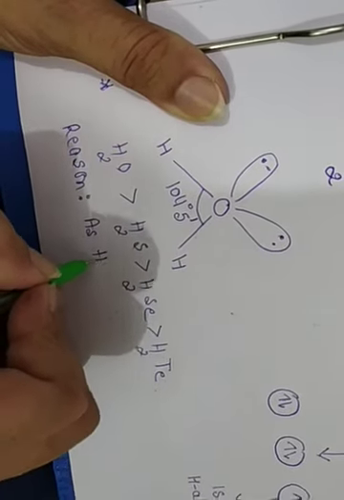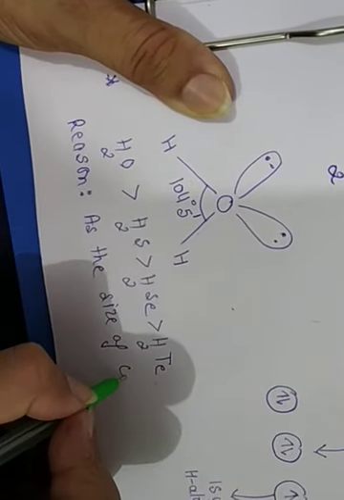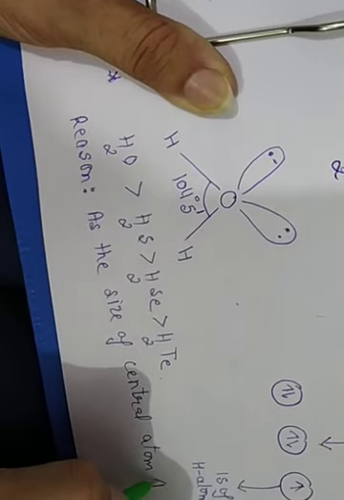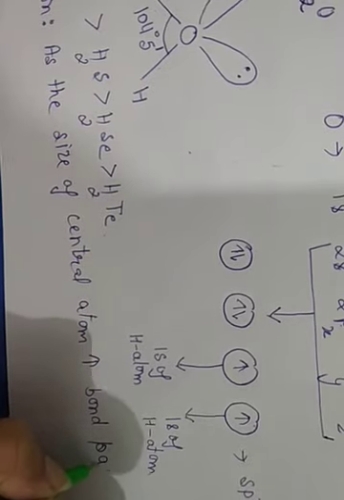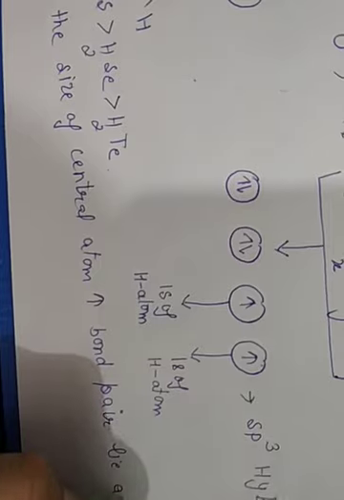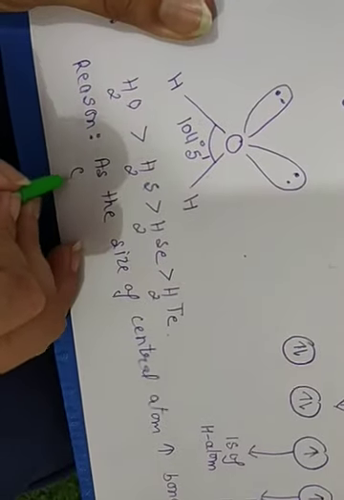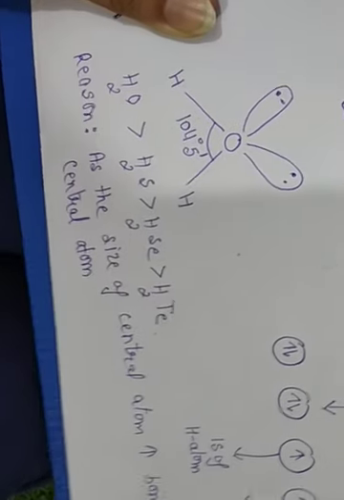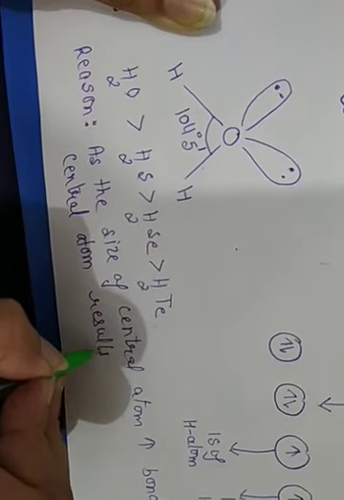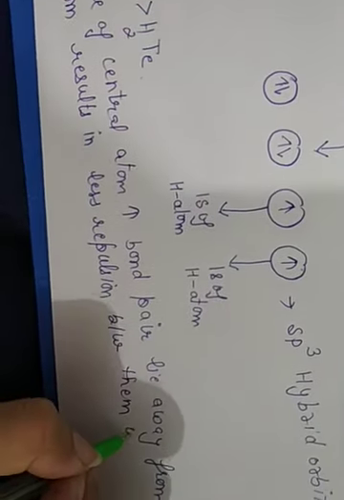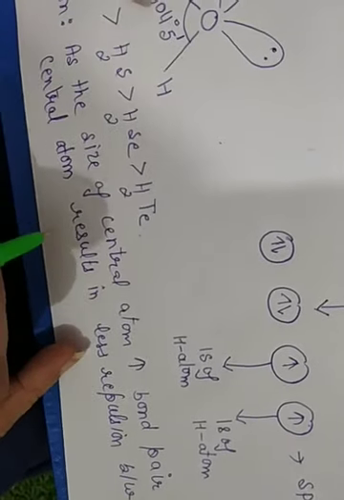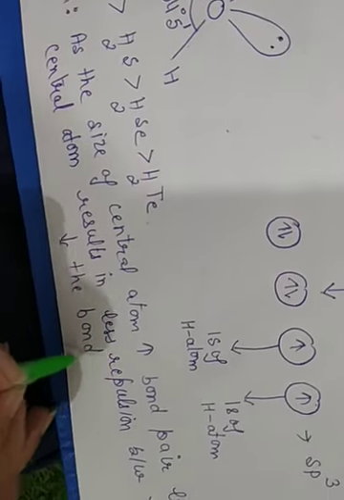Reason: as the size of the central atom increases as we move down the group, the bond pairs lie away from the central atom, hence results in less repulsion between them, which decreases the bond angle.